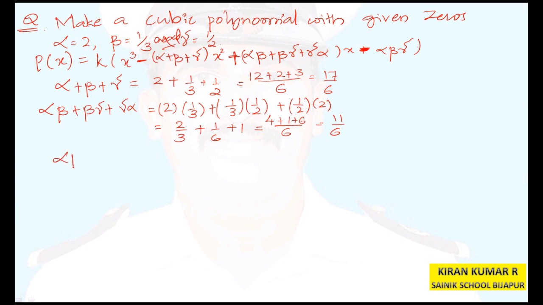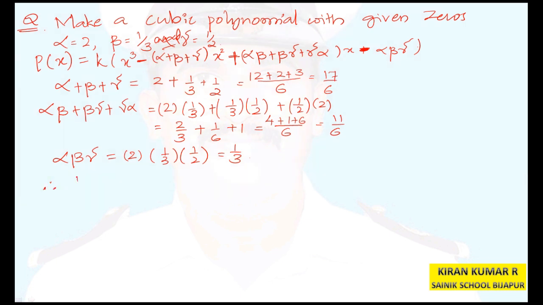Now product of the zeros, alpha beta gamma, will be 2 multiplied to 1 by 3 multiplied to 1 by 2. This 2 and 2 get cancelled, we get it as 1 by 3. This 1 by 3 is the product of zeros.